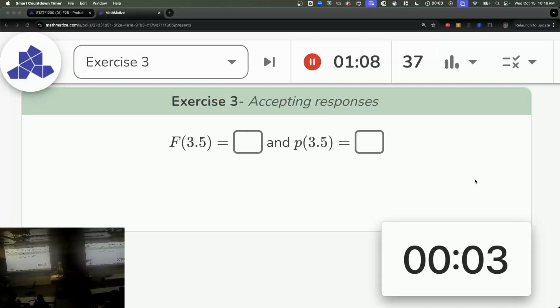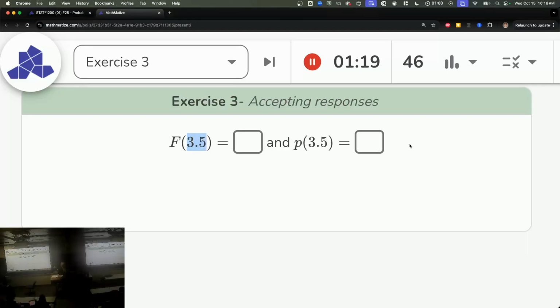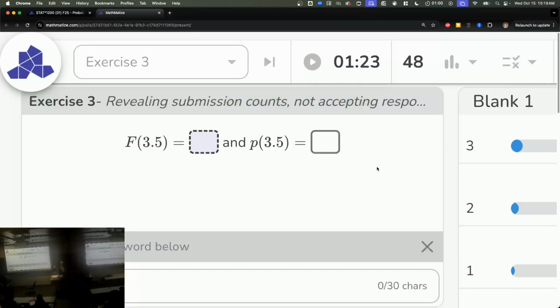Okay, just a couple of seconds left here to get in your guess for f of 3.5. So last time we saw what happened when you're sort of past the range. Now we're seeing what happens if you're in between on a 0.5, right? Well, that's weird. Let's see what it is.